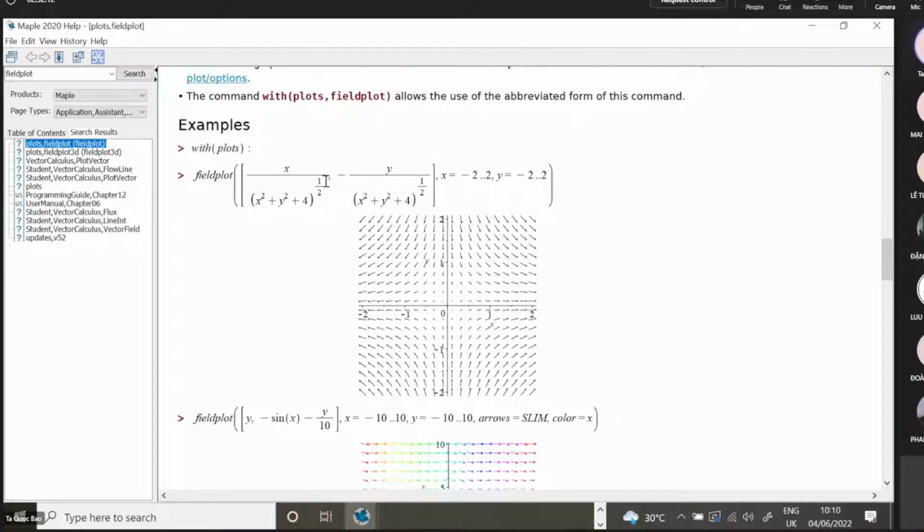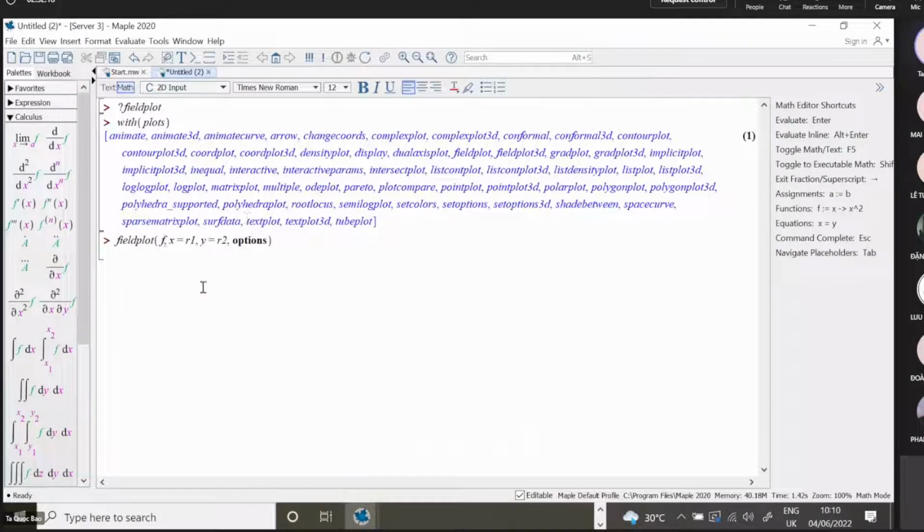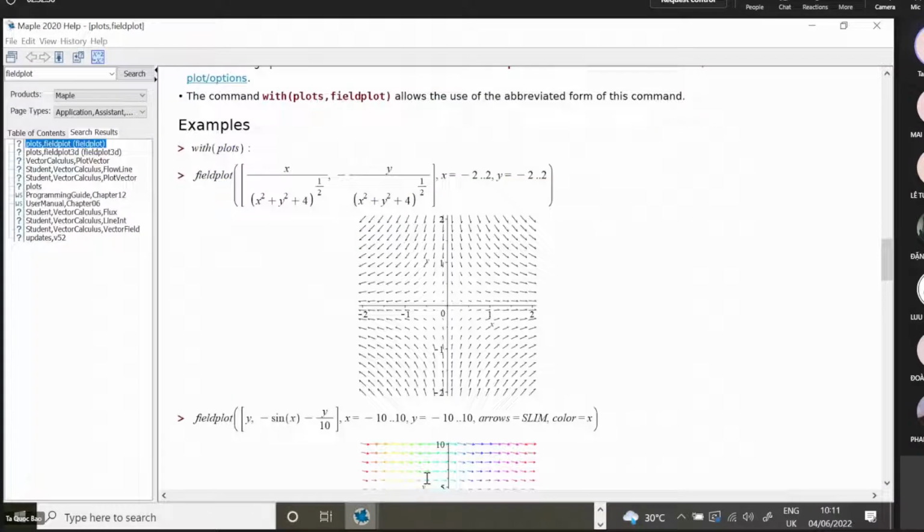Okay, so now the vector field, I push on the list. Okay, in here I push on the list. This is minus y and x. Okay, and I take x from maybe minus 3 to 3, and y from minus 3 to 3. Okay, and what is the option?